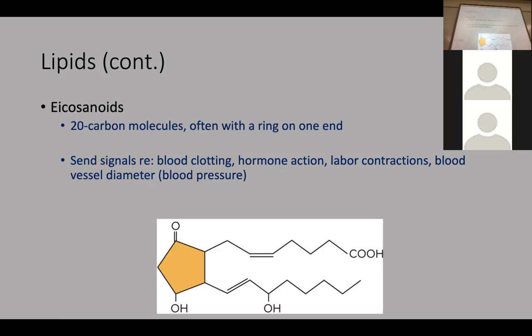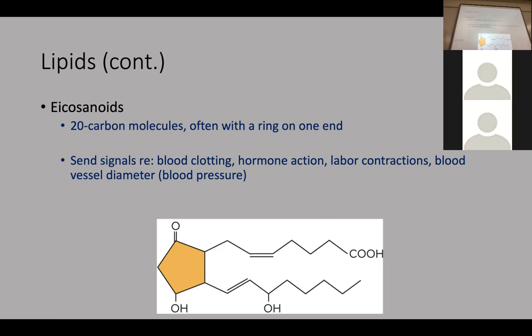And like I said, these are important signaling molecules. So they're lipids that send signals around the body. And you can see here some of the examples where they're used, blood clotting. So if you get a cut and your blood needs to clot at that opening, eicosanoids will be sent there to start the process of blood clotting. Hormone action. Hormones we'll talk about on the next slide as well. They're steroids. A lot of them are steroids, I should say.